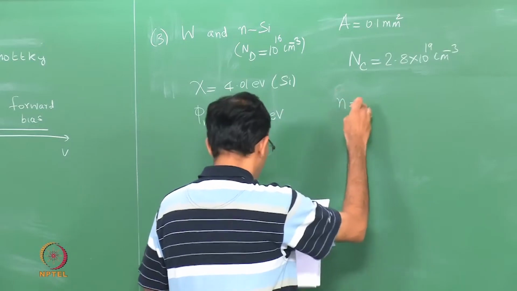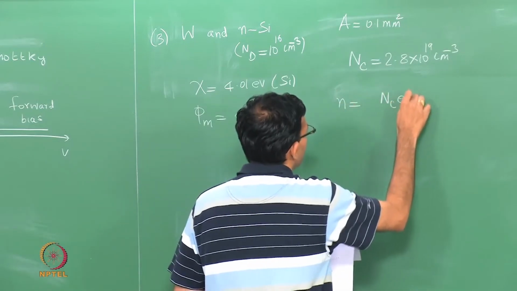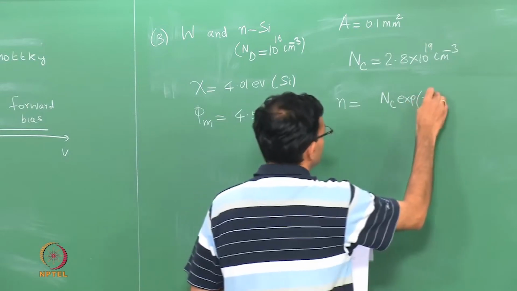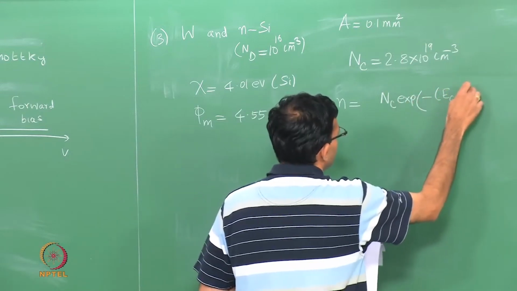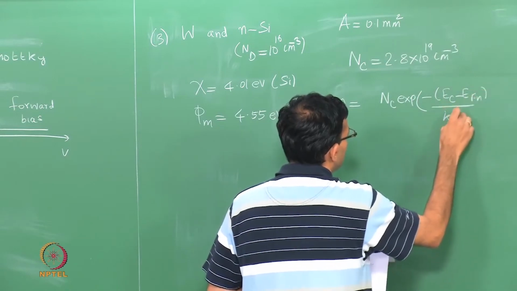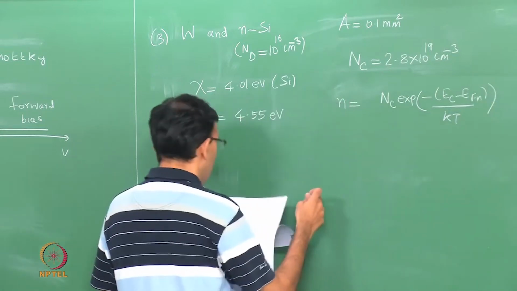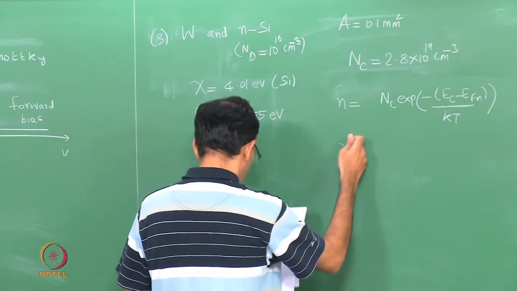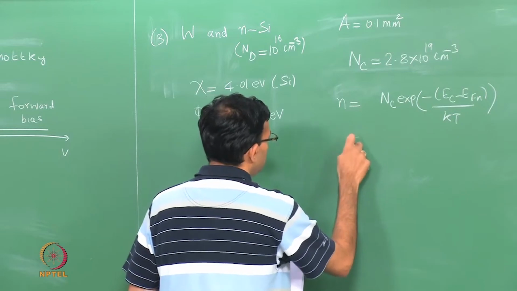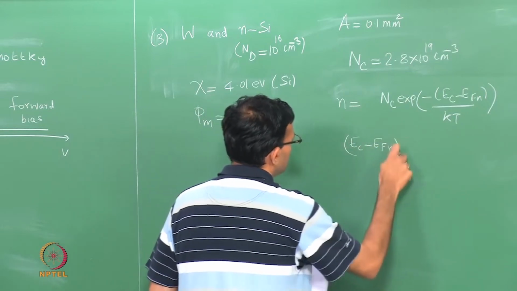So, N is nothing but Nc exponential minus (Ec minus Efn) over kT, from which you could calculate Ec minus Efn.